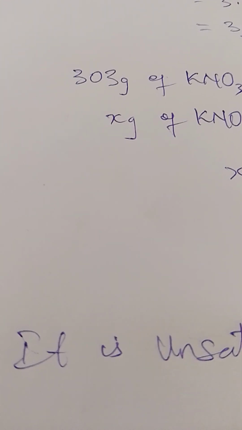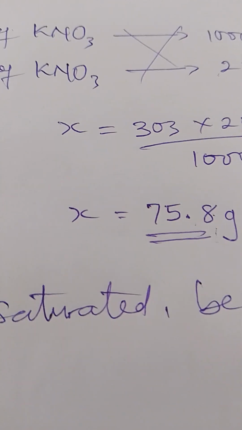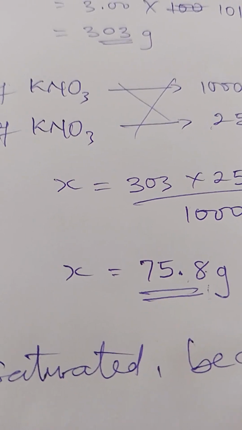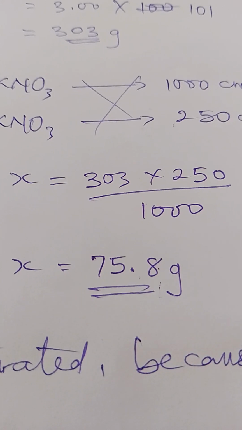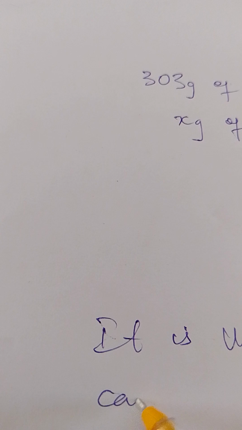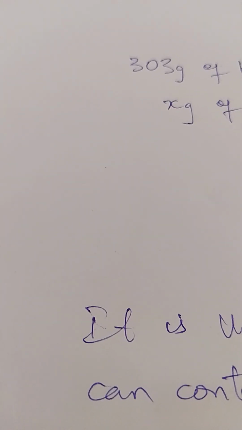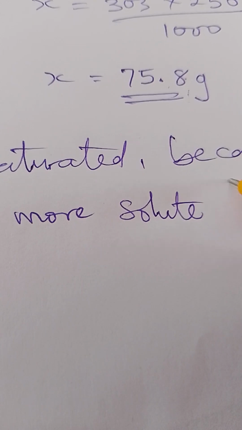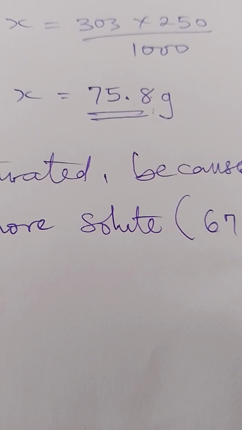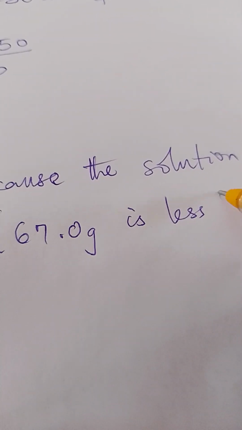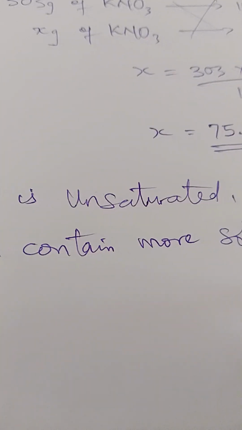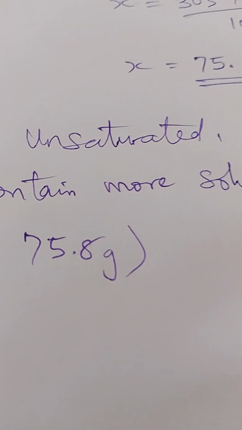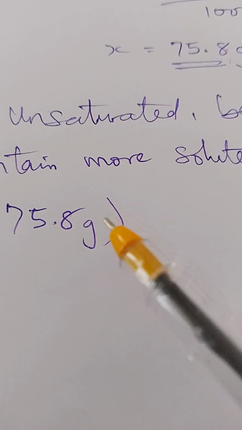You can give this reason: the solution is unsaturated because the solution can contain more solute, reason being that 67.0 grams is less than 75.8 grams, which was required.